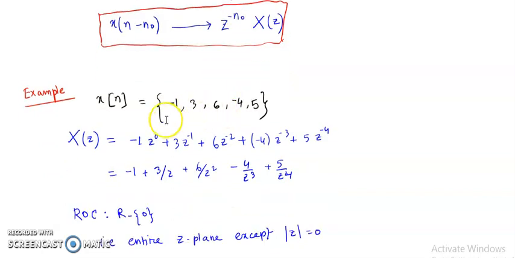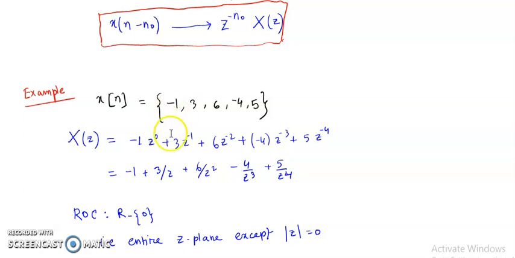If we see here, for the given signal x[n], this signal indicates the coefficients of that discrete time signal. If we consider this signal starts at -1, this means that n equal to 0 is at this position.